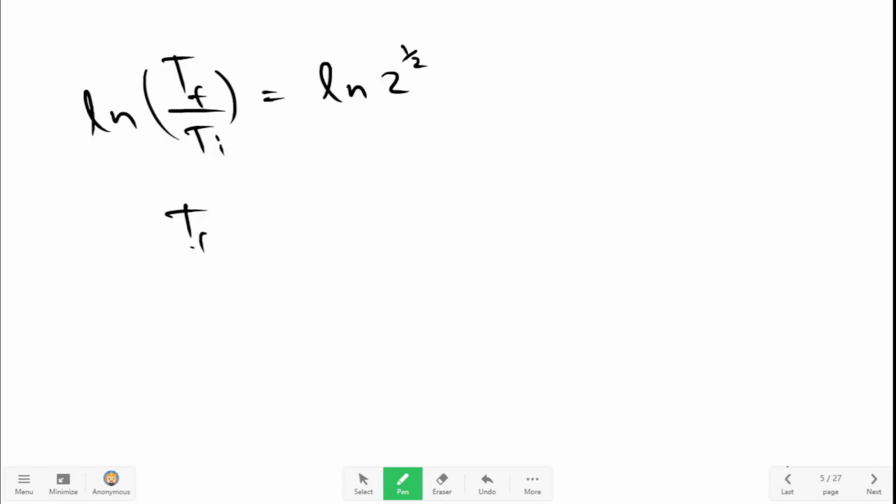Therefore we have Tf by Ti is equal to 2 raised to 1 by 2, which is equal to root 2. Therefore the ratio of final temperature to initial temperature is root 2.